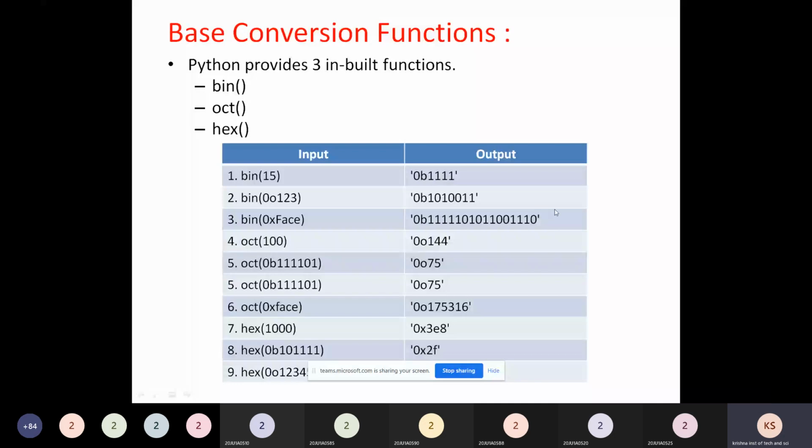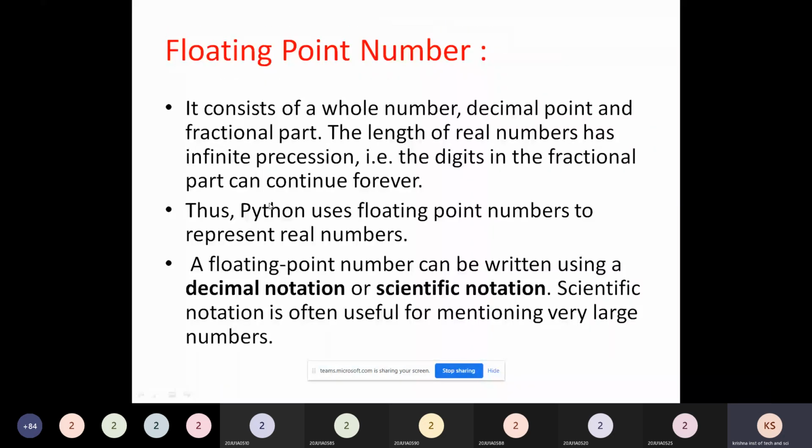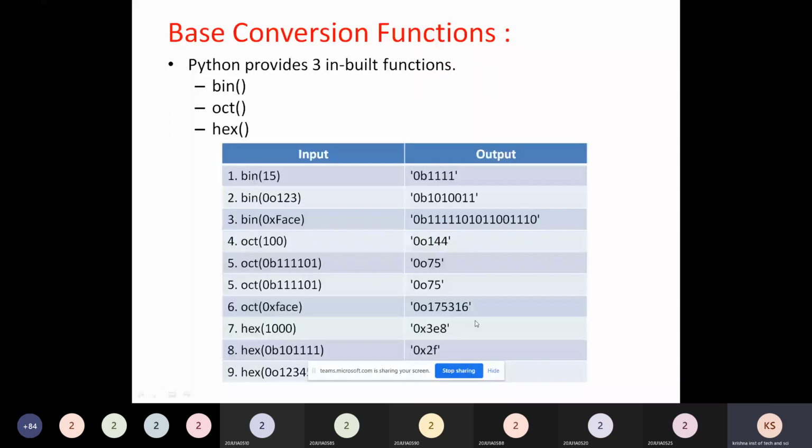And what is the output of the conversion? 0B, and 15 in binary is four ones. And see this one, second example: bin of this one. An octal number we are going to convert here, an octal number we are going to convert into binary. So we can get the output like this.